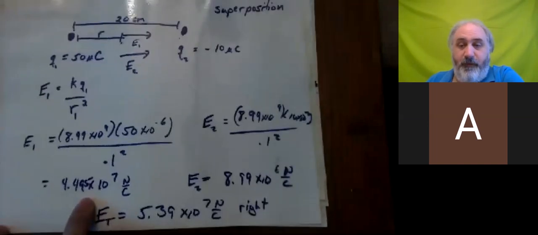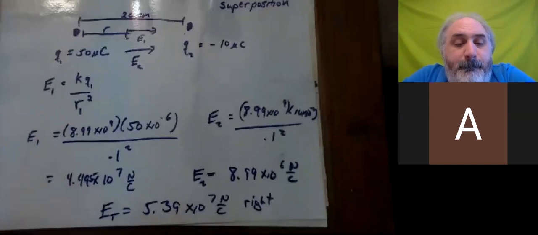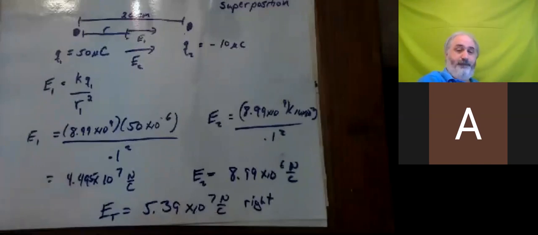Dr. Fleming? Yes, ma'am. I had got that, but times the power of 5. It's possible that I screwed up. Let me double check. It's also possible you didn't square the denominator.